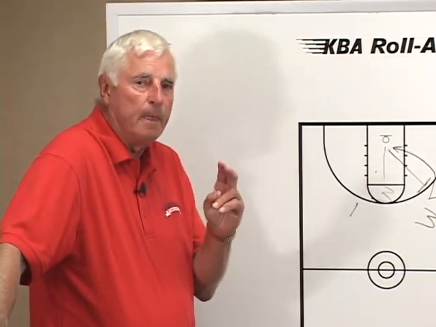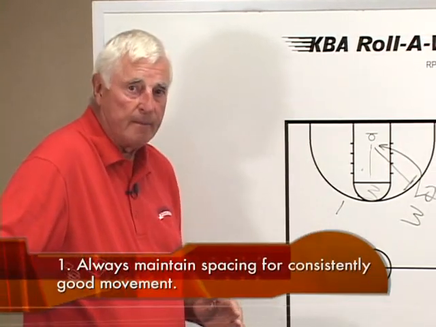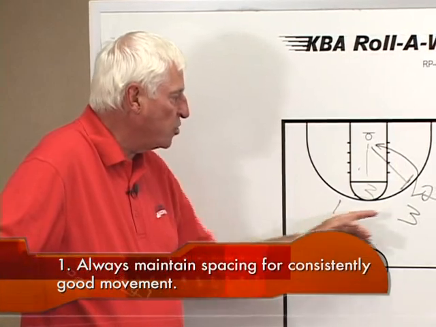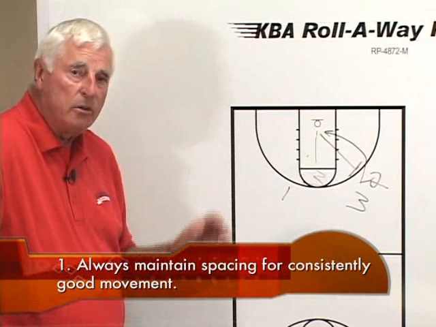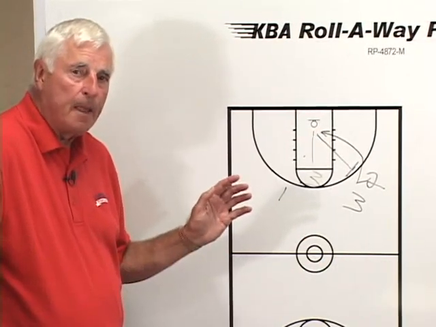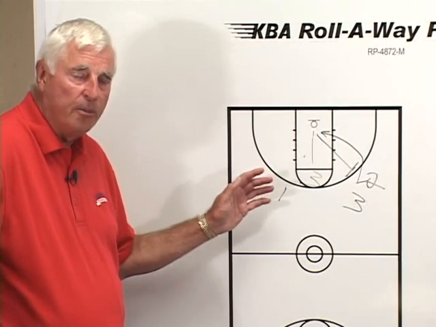Never leaving these ideas. Maintain spacing. 15 feet to go screen, 15 feet to pass, 15 feet to cut. Don't get in each other's way. Maintain spacing for consistently good movement.